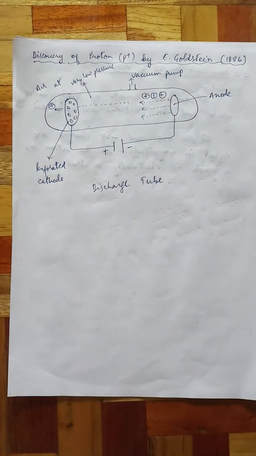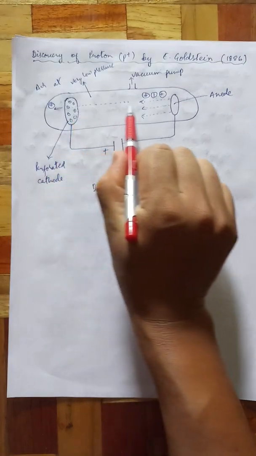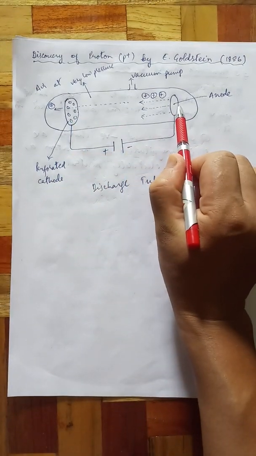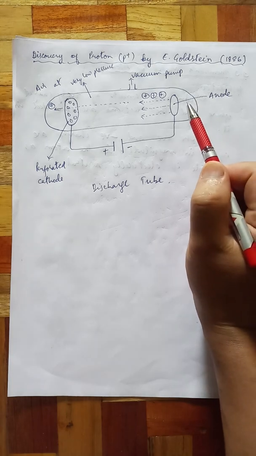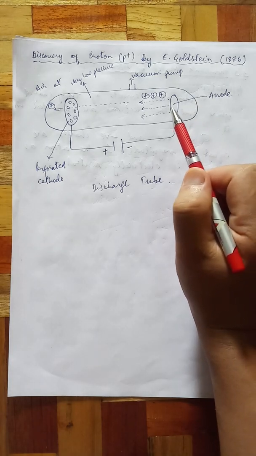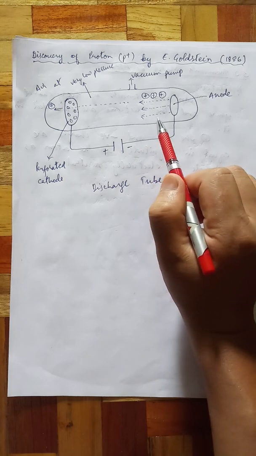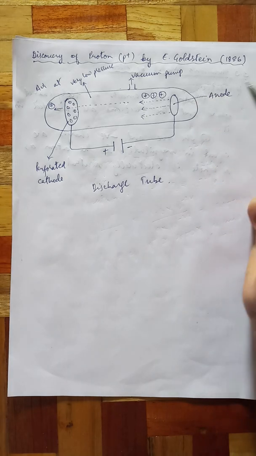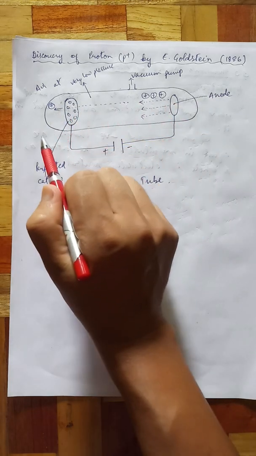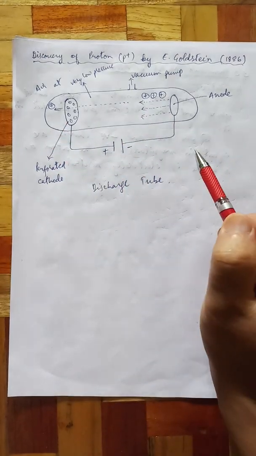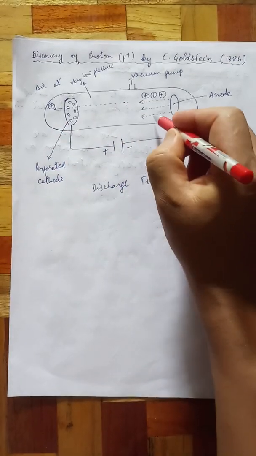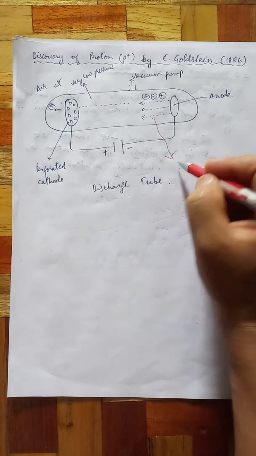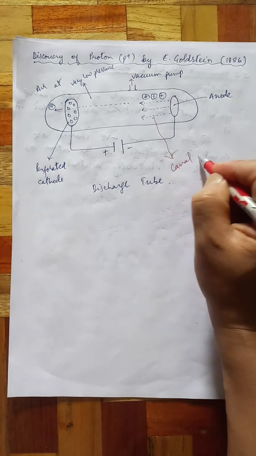He observed that when the cathode rays are traveling from the cathode to the anode, there are some other luminous rays. Like cathode rays, some rays are also emitted from the anode and travel towards the cathode, and Goldstein termed these canal rays.